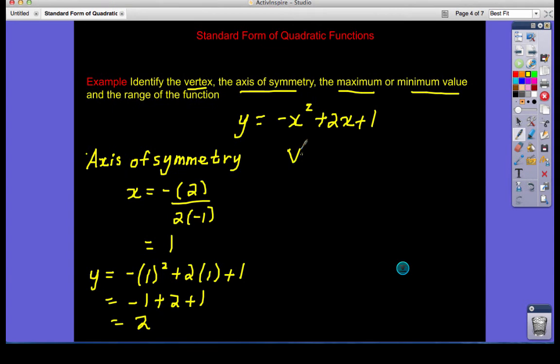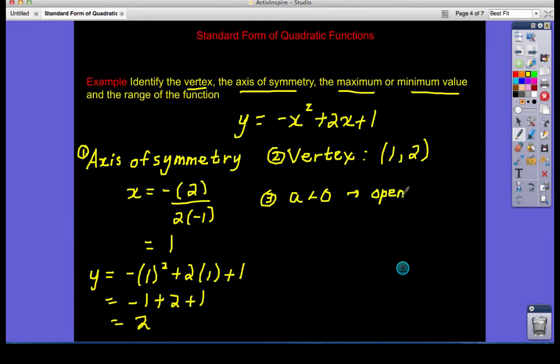The vertex is 1, 2. Now we need to know whether this is a maximum or minimum. A is less than 0, so this implies our parabola opens down.